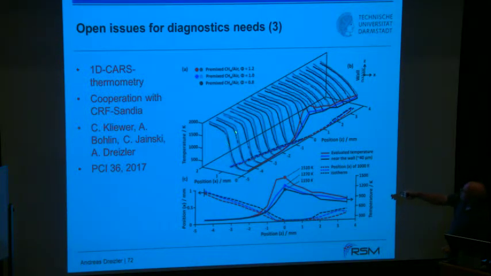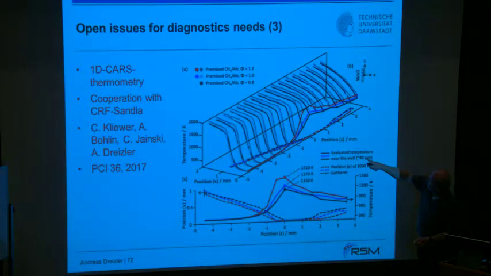And you see how, when you now come to the position where you have flame quenching, that it was set here to 0, then you see, this is the temperature near 40 microns from the wall only.